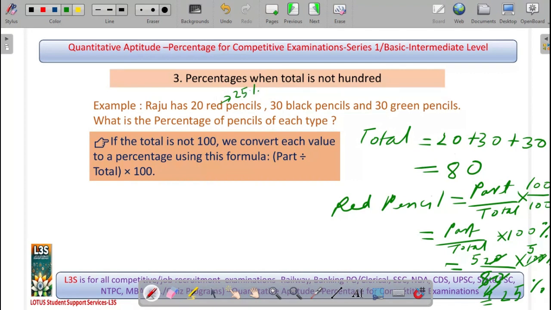25%. Now in case of the black pencil, same formula, part by total into 100%. That means 30 by 80 into 100, you can write like this.